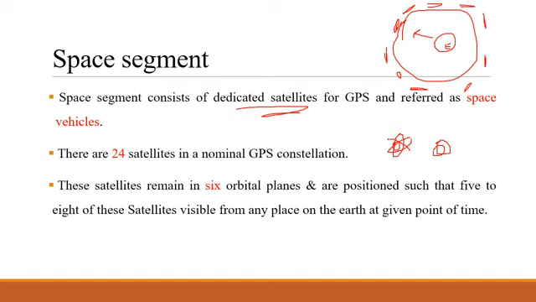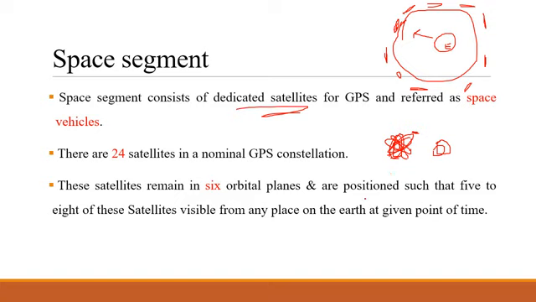This is orbit 3, orbit 4, orbit 5, and this is orbit 6. These satellites remain in 6 orbital planes. If we see the GPS satellites or space vehicles, they must lie in these 6 orbital planes, orbit 1, orbit 2, orbit 3, orbit 4, and up to orbit 6.